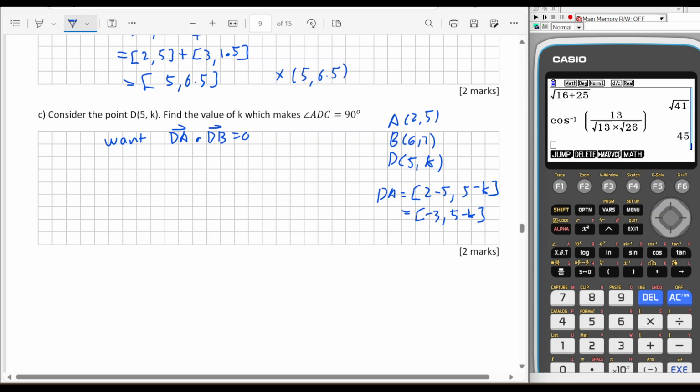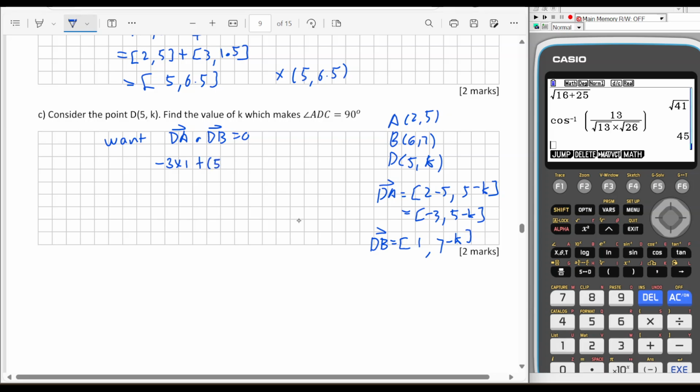All right. And the vector DB, similarly. How do I get from 5 to 6? I go up by 1, and I'm going to have DB. So it's the coordinates of B, (6, 7), minus the coordinates of D, (5, k). So we would really like DA.DB to equal 0. So this is minus 3 times 1 is the first component.